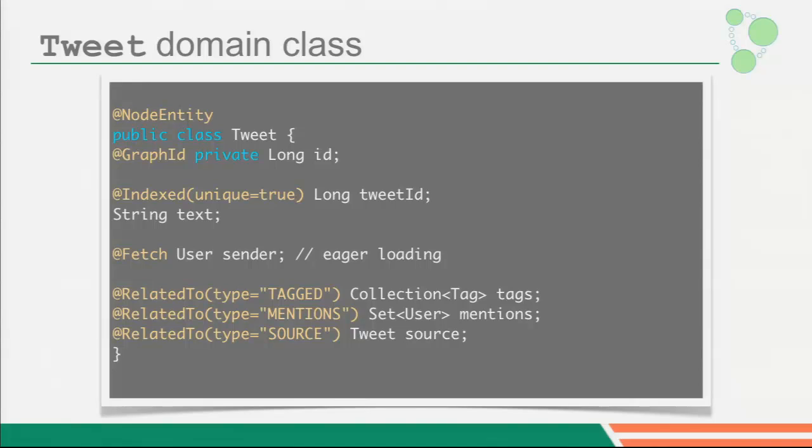So as long as you just continue following relationships, you will just pull everything into memory. So we decided to go for a shallow default fetching, and you can annotate fields to be fetched eagerly if you need it in your use cases.